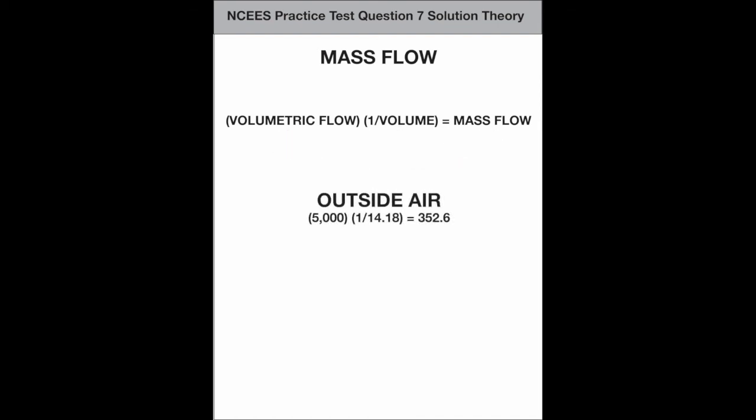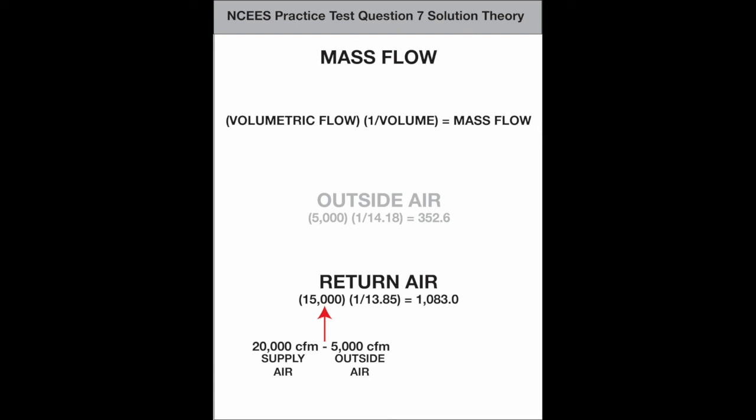Outside air, 5,000 times 1 over 14.18 is equal to 352.6. Return air, 20,000 CFM exiting air, minus 5,000 CFM outside air, times 1 over 13.85 is equal to 1,083.